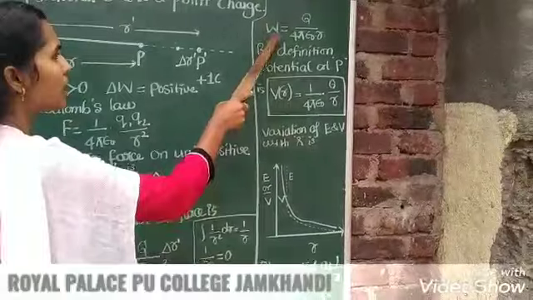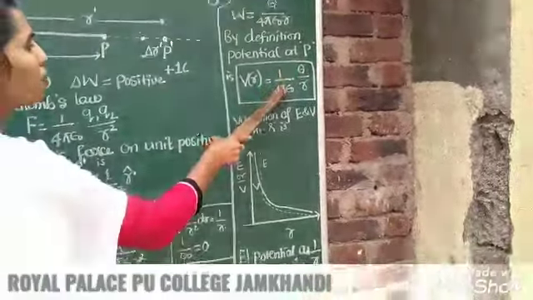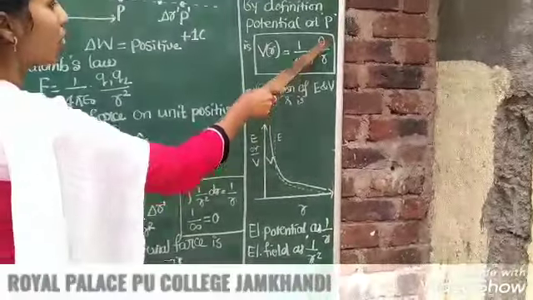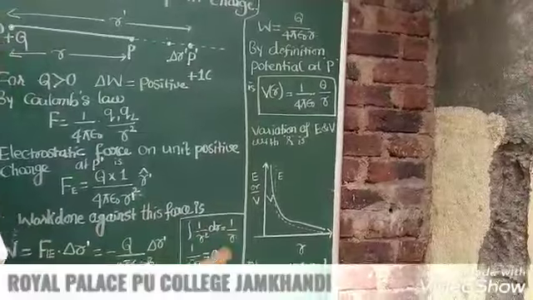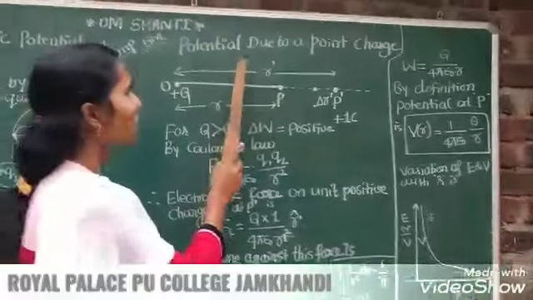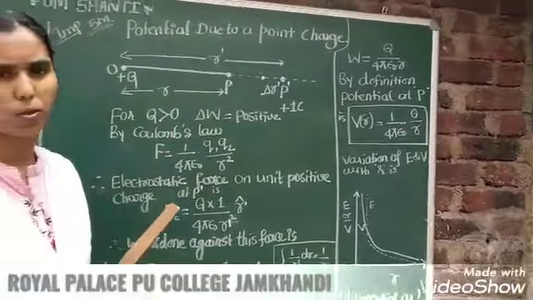Therefore, W is replaced by V of r is equal to 1 by 4 pi epsilon naught Q by r. This is our important expression of the electrostatic potential due to a point charge. Hope you all understood, right?